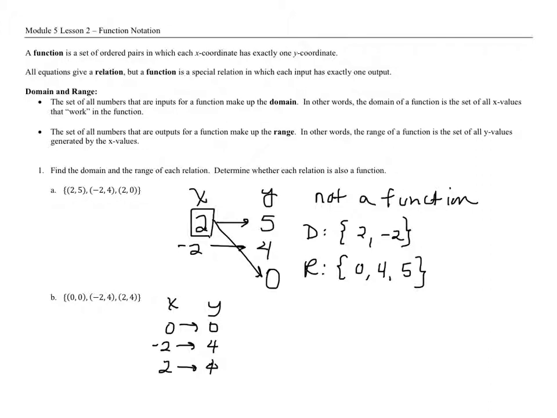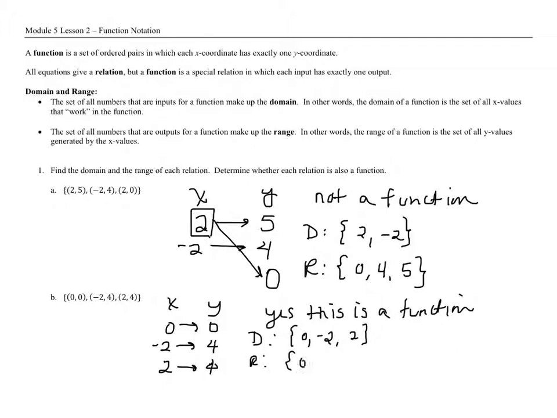But the y values can repeat as long as my x values are all different. So yes, this is a function. My domain is 0, negative 2, 2, in squiggly brackets. Range is 0, 4. I don't have to list the repeated values.